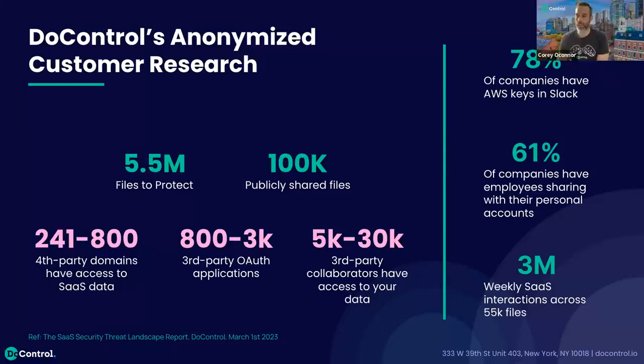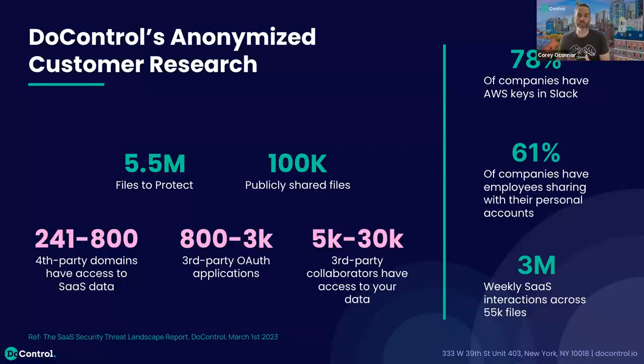It's a scalable issue. You've got 100,000 files that are publicly accessible across Google Drive, OneDrive, SharePoint, et cetera. You've got fourth-party domains that have access to sensitive data. You've got third-party OAuth applications, 800 to 3,000. Third-party collaborators that have access. Think about the number of contractors that organizations rely on today.